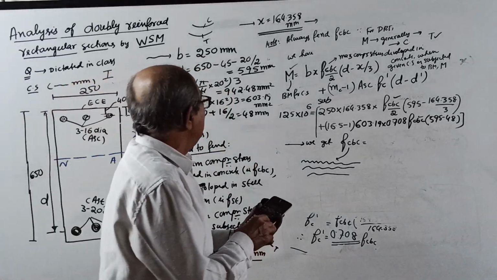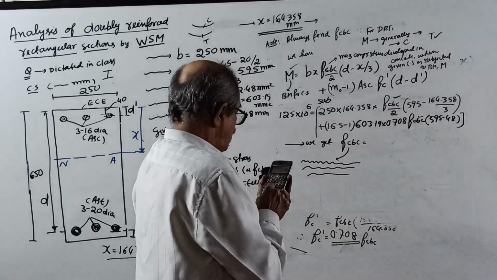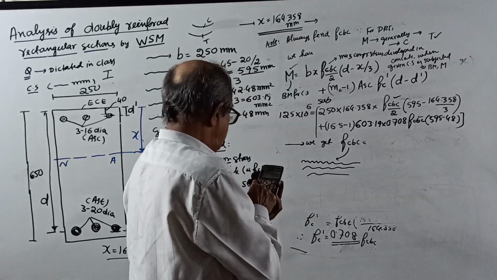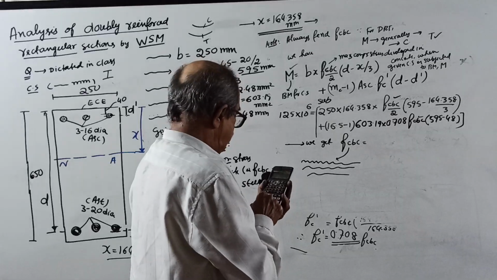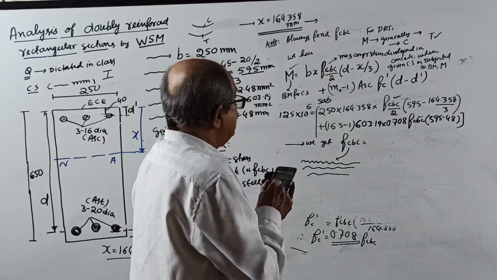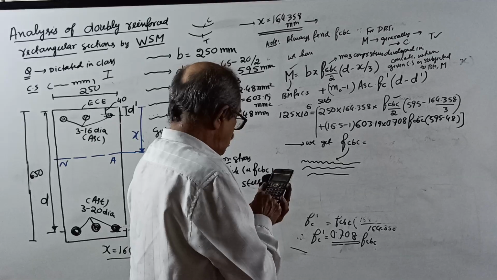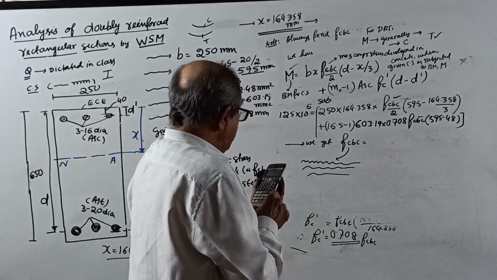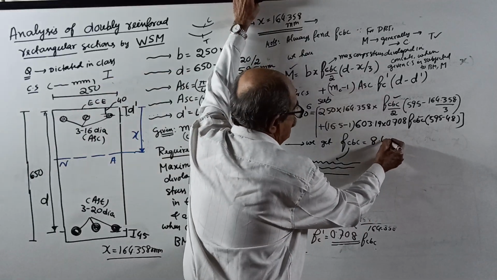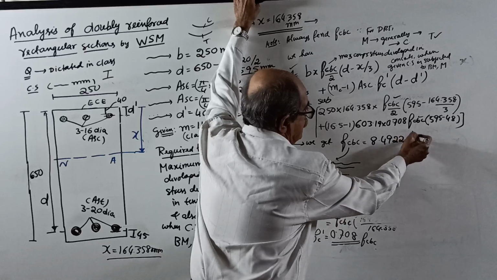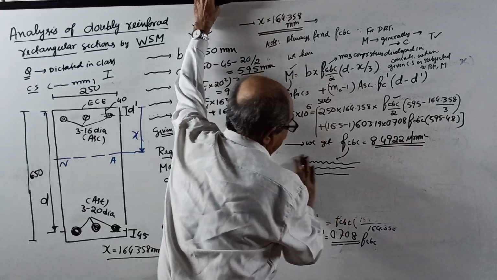Usually I get the answer ready, no problem. 250 into X into FC by 2 into 595 minus X by 3 plus 15.5 into 603.19 into 0.708 into 595 minus 48, reciprocal, into 125 into 10 to the power 6. That gives 8.4922 Newton per mm square. This is the stress coming in concrete. Now, FCBC over.